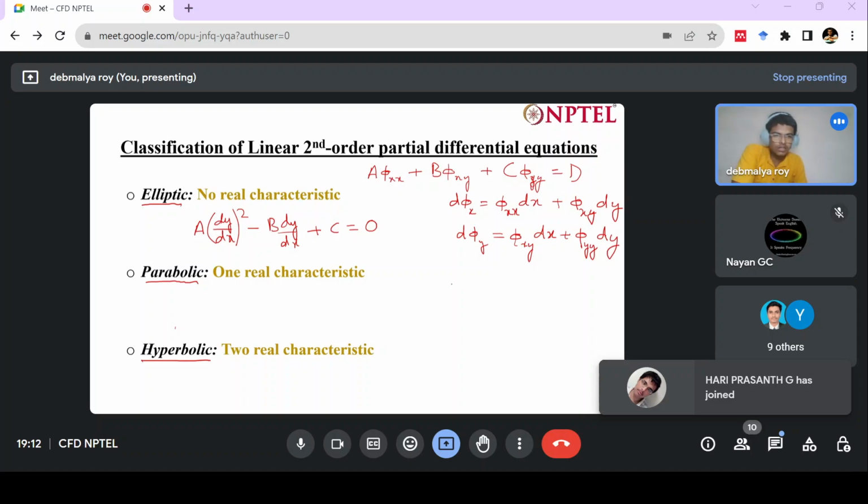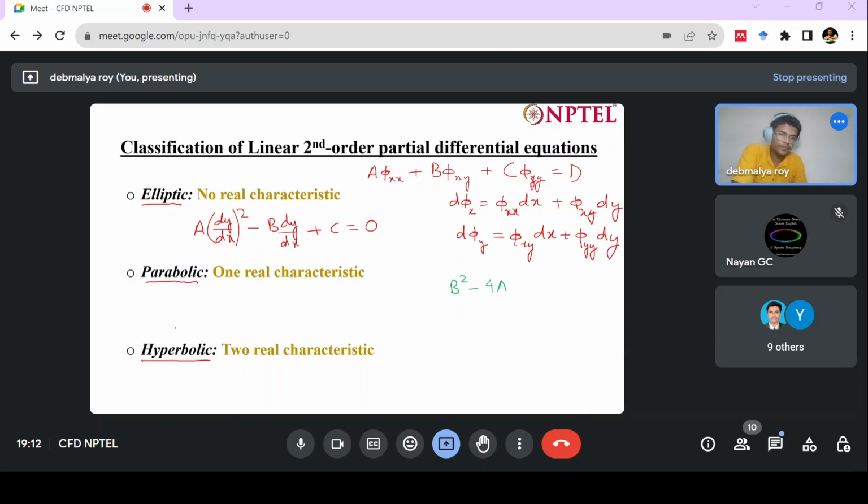So what are these conditions? If b squared minus 4ac is less than 0, then I will have no real characteristic, so this is elliptic. If b squared minus 4ac is equal to 0, then this is parabolic.